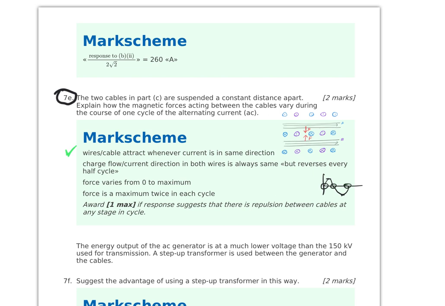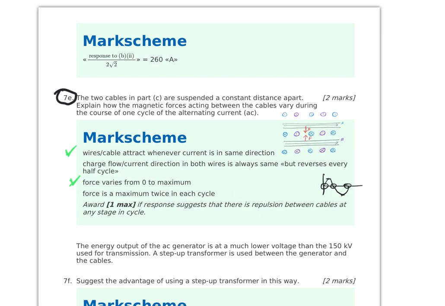So if there's no EMF, then the force is going to go to 0. So that's where it says force varies from 0 to maximum. And it also says that the current direction is going to be the same but reverses every half cycle. I don't know that that's relevant, because as long as the current direction is the same, they're going to attract.